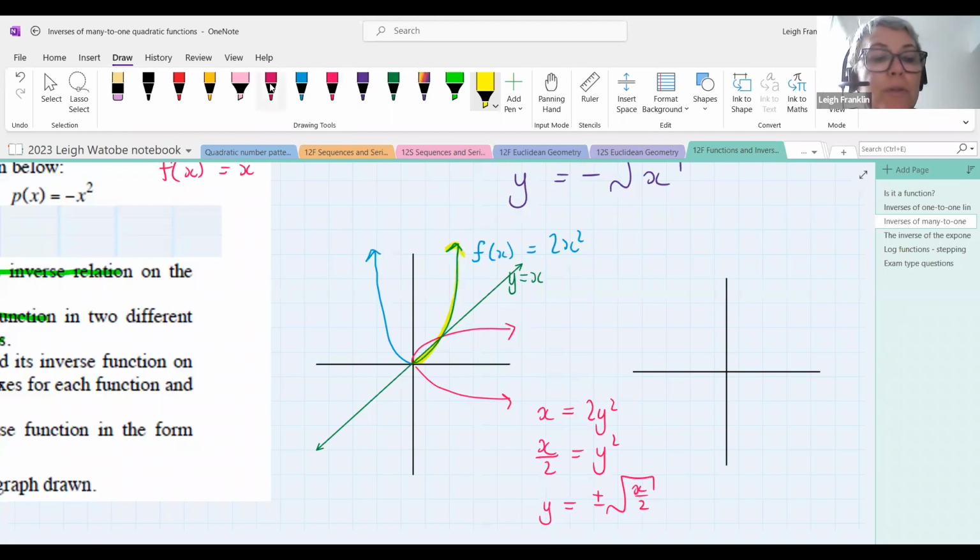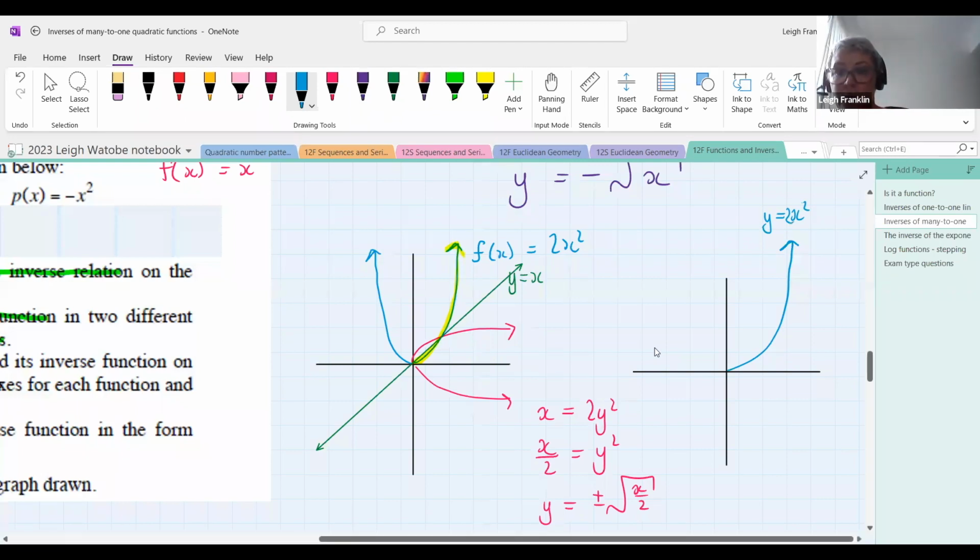So in other words, I am taking that arm of the parabola and I'm leaving it there. Because I've restricted the domain, it's still going to be the function y equals 2x squared, but I have restricted it to where x is greater than 0 and where y is greater than or equal to 0.